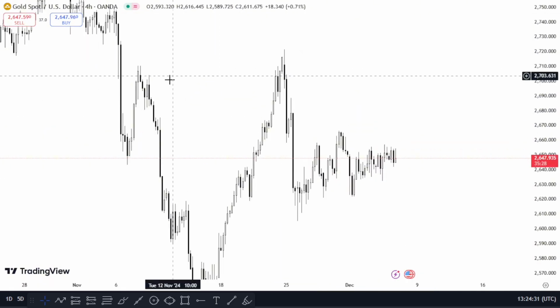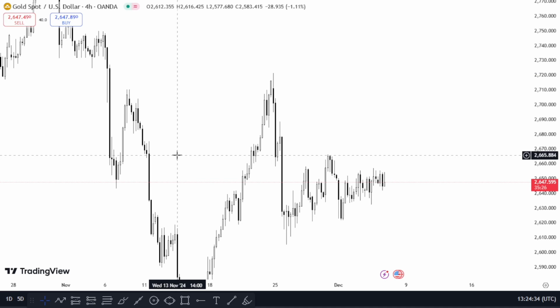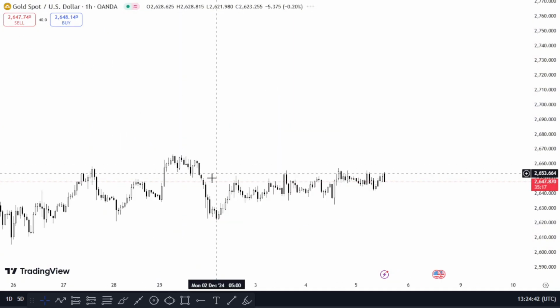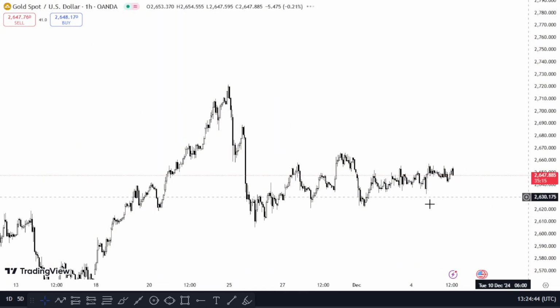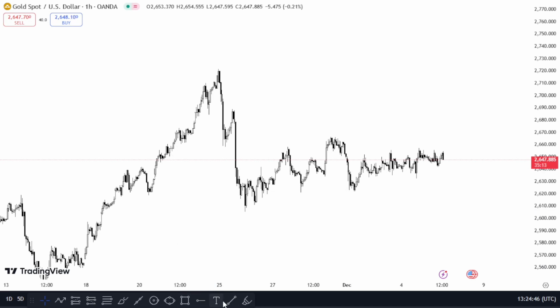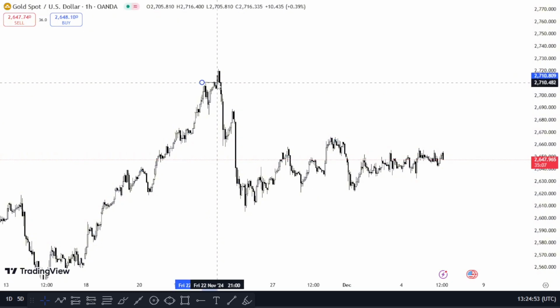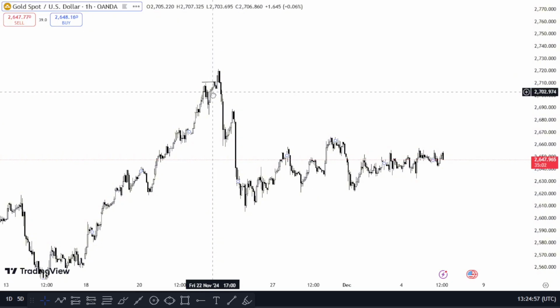So what am I looking at on gold from the current time frame, which is the 4 hours? Now I'm just going to go down to the 1 hour. On the 1 hour, what can I see? I can clearly see a sweep of liquidity right here, which is in alignment with the higher time frame.